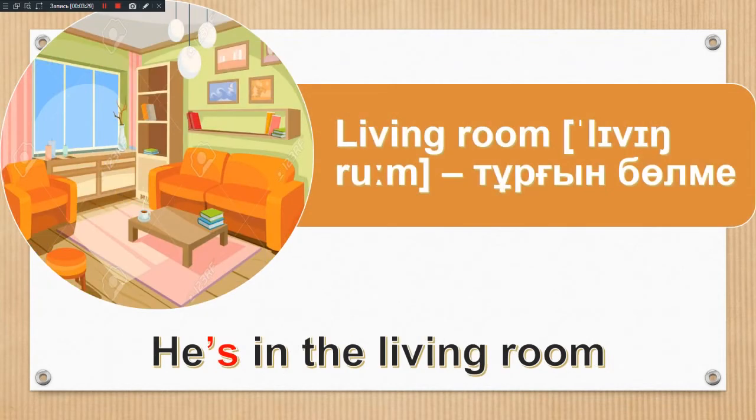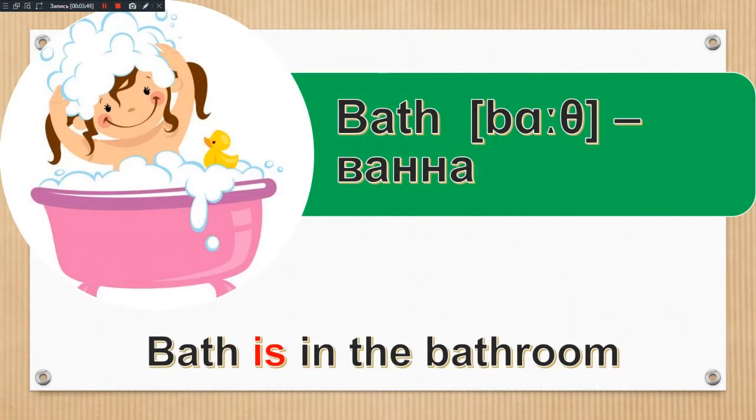Living room. Тұрғын бөлме. He is in the living room. Ол тұрғын бөлмеде отыр. Bath. Ванна. Bath in the bathroom. Ванна жуынатын бөлмеде тұр.